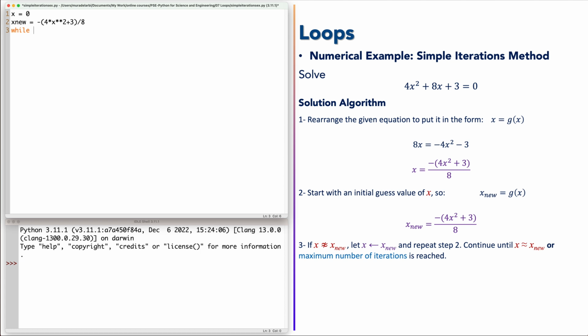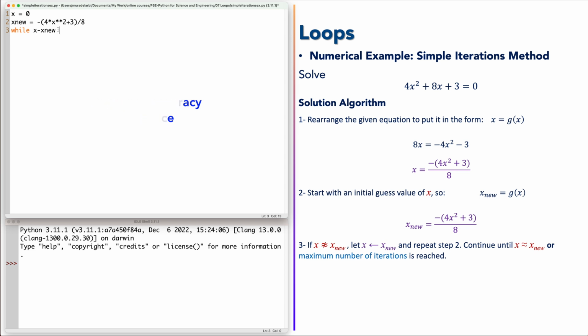In numerical analysis and scientific calculations, there is a simple method. Instead of comparing x new to x directly, we test their difference. So we say x minus x new, and compare this difference to a small positive value known as the degree of accuracy, or in some references it's called the tolerance.